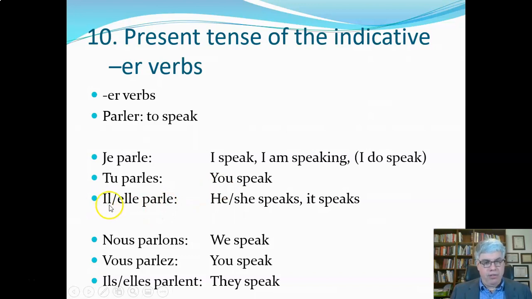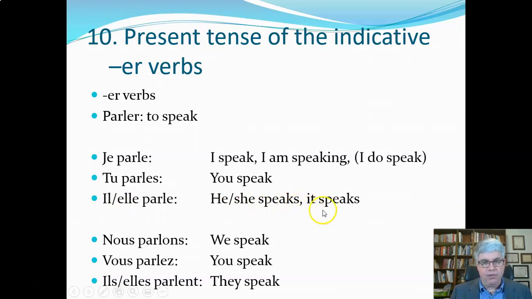And then the third person singular, you can conjugate either with il, meaning he, or elle, meaning she, would be he or she speaks. Or if in English you're talking about an inanimate object that doesn't have a gender, we would say it speaks. But in French, everything has a gender. It's either il or elle.